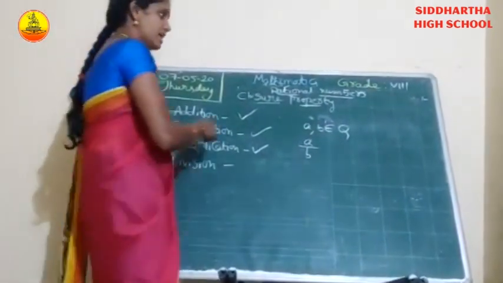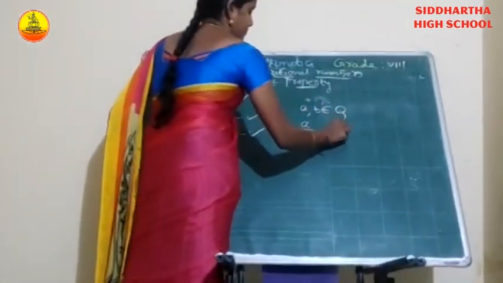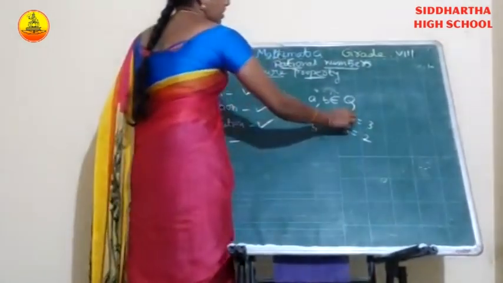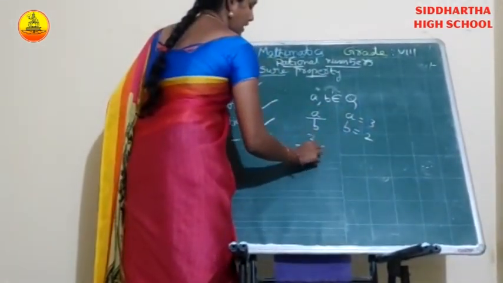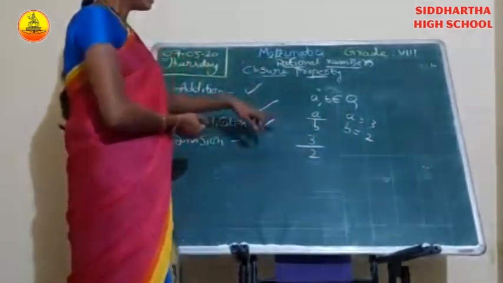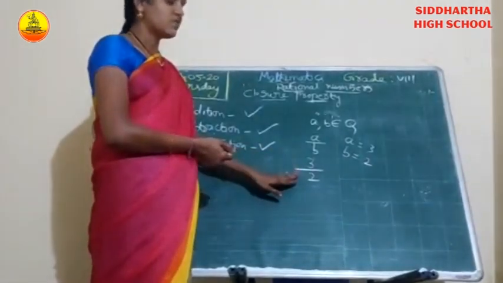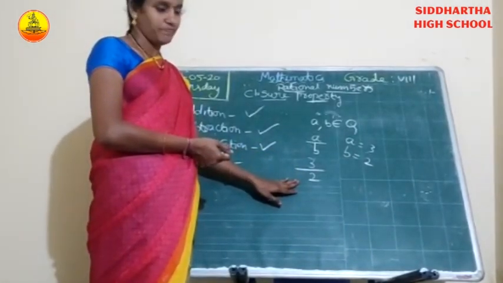For example, if I take a value 3 and b value 2, then 3 by 2 is a rational number. So it satisfies closure property under division.